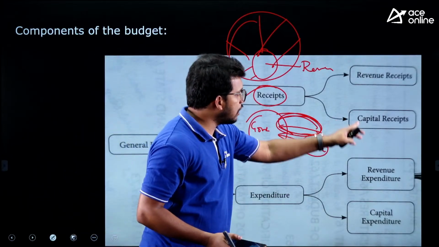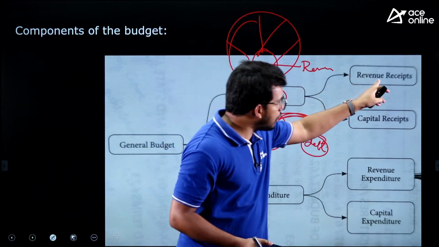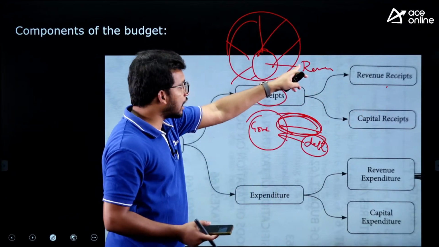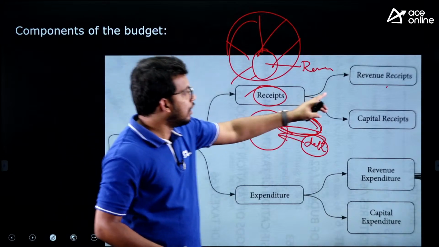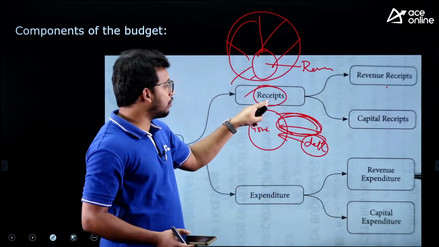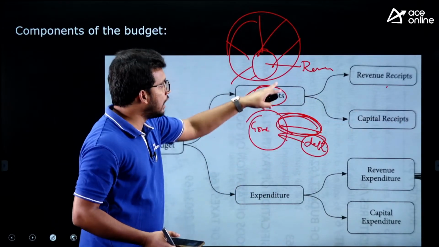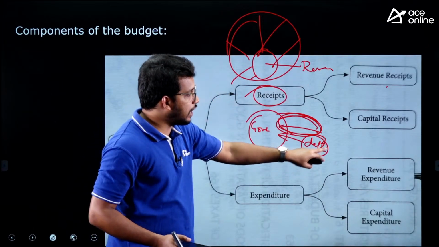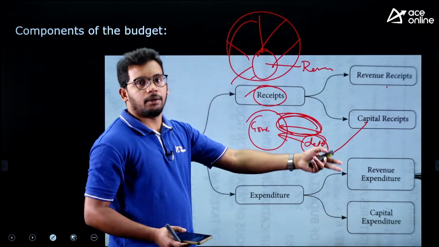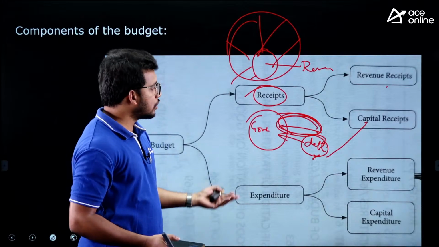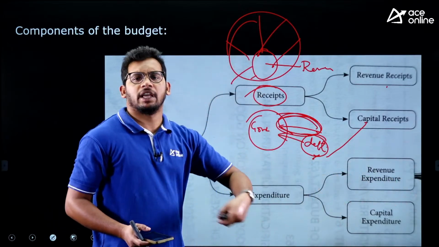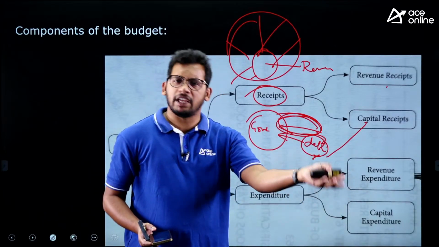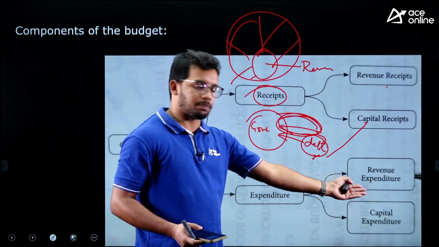In the receipts, we have revenue receipts, as I said, the one-time payments which the government need not pay back, like tax collection. And also capital receipts, which include the debt, taken from the markets. In expenditure, we have revenue expenditure like paying interest or salaries, which are unproductive expenditure.